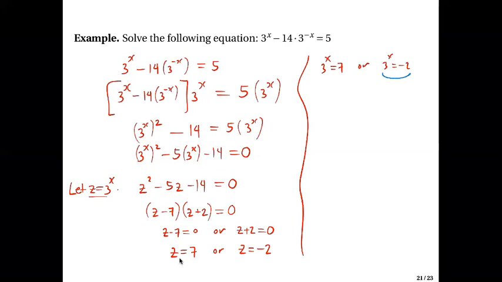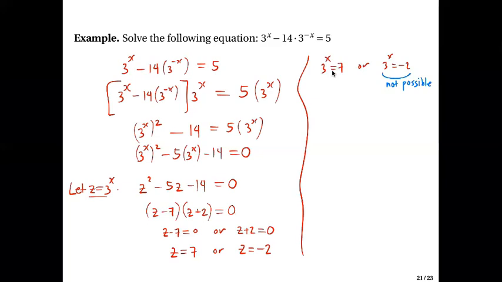This cannot happen because an exponential expression will always be a positive number. This is not defined. So not possible. So this is our only choice.